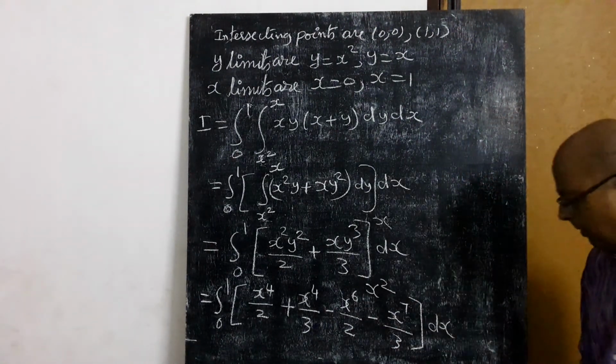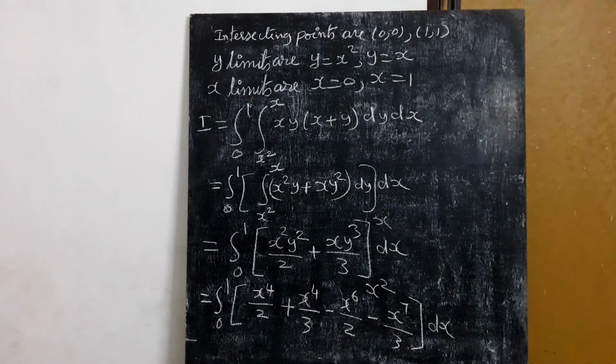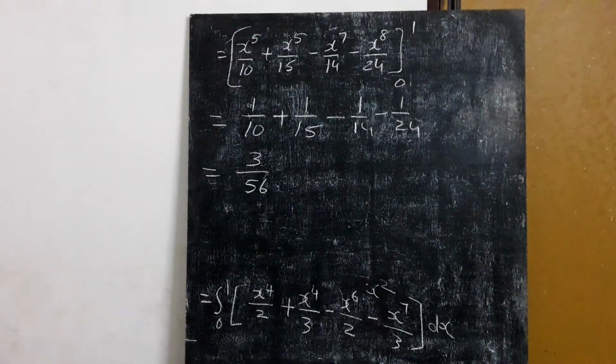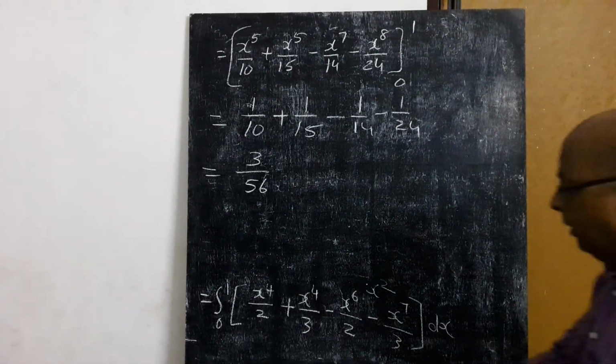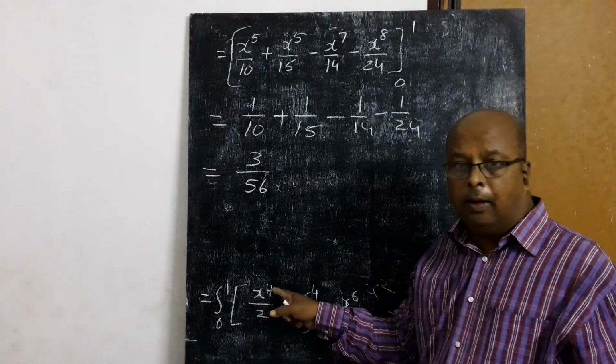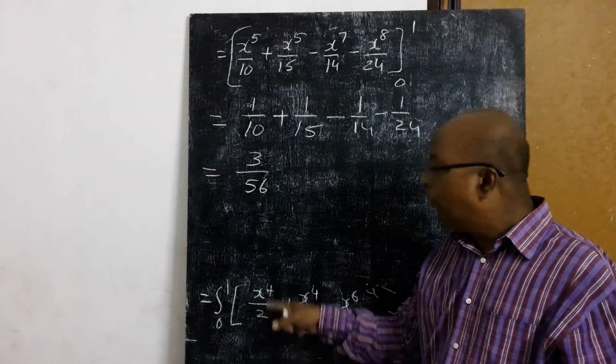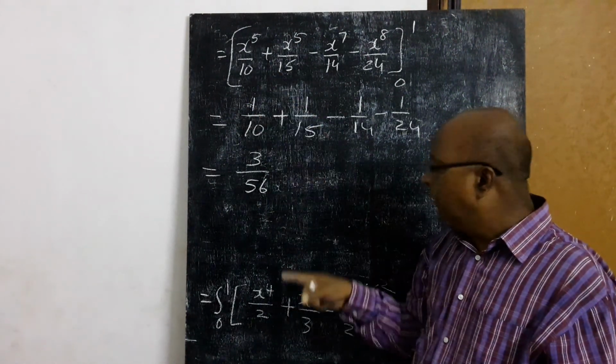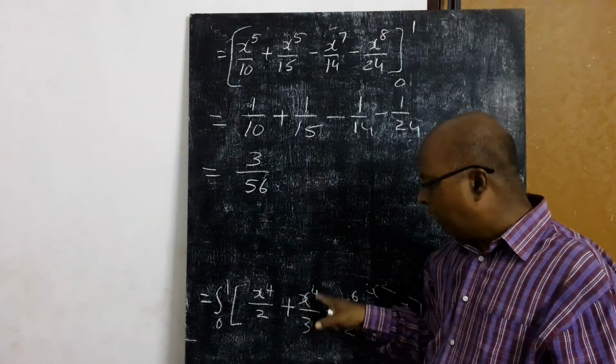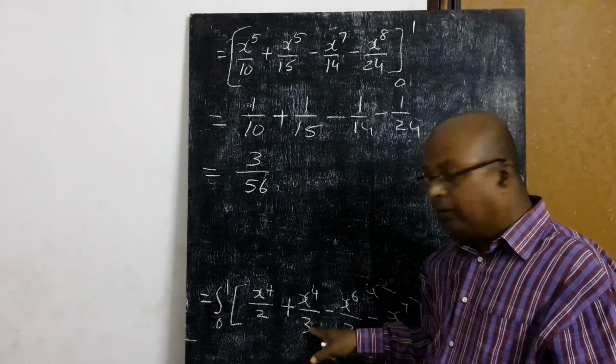Note down. So the integral of x power 4 is x power 5 by 5, 5 into 2 is 10, so x power 5 by 10, plus the integral of x power 4 is x power 5 by 5, 5 into 3 is 15.